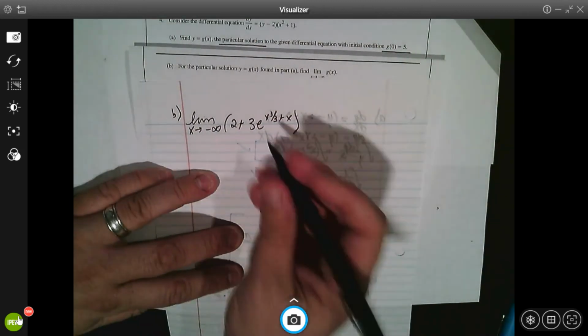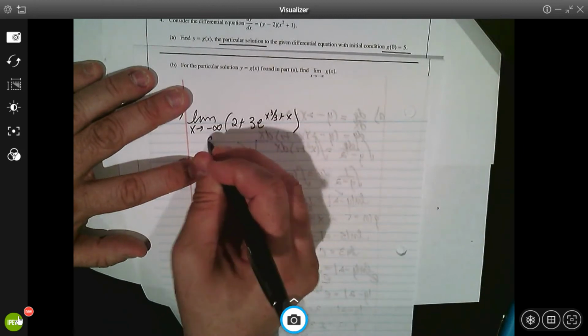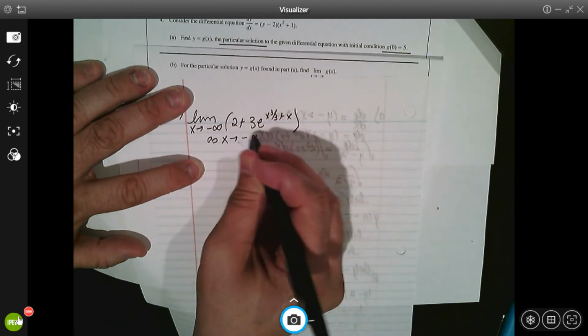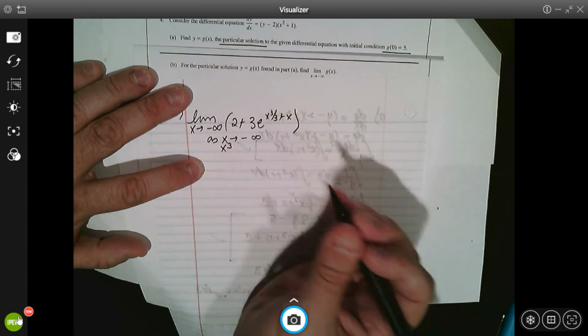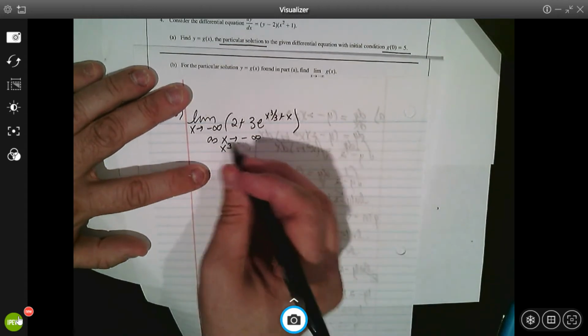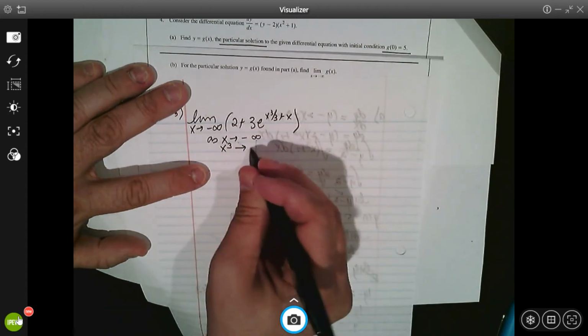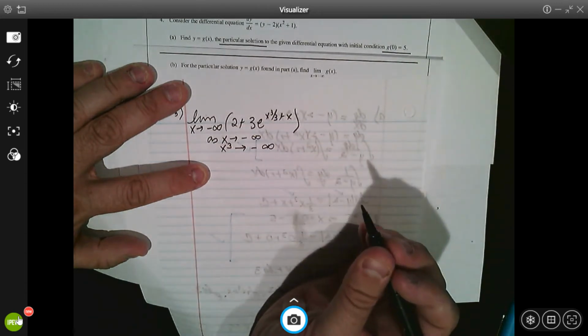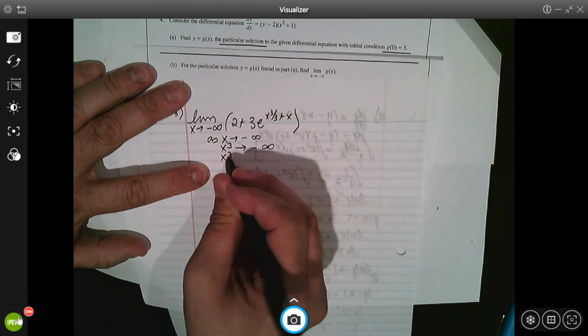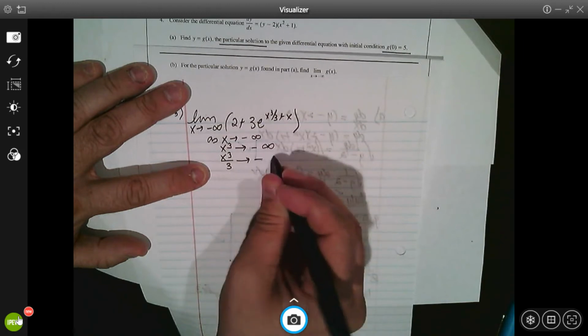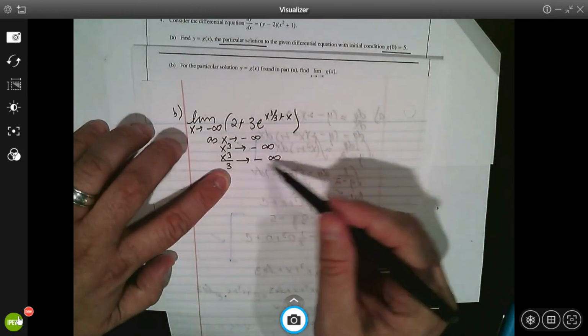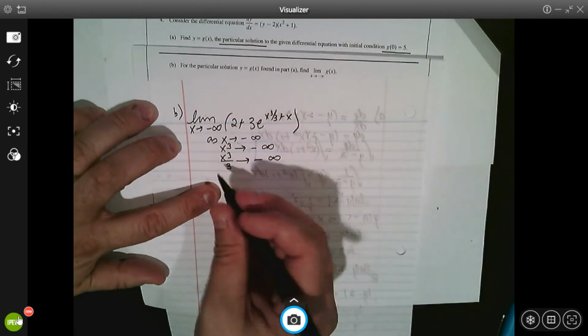Now, this might be a little bit tricky, but let's think about this. As x approaches negative infinity, what happens to x cubed? Well, a large negative number cubed is still a large negative number. I then have to take x cubed and divide it by 3. That's still approaching a large negative number.